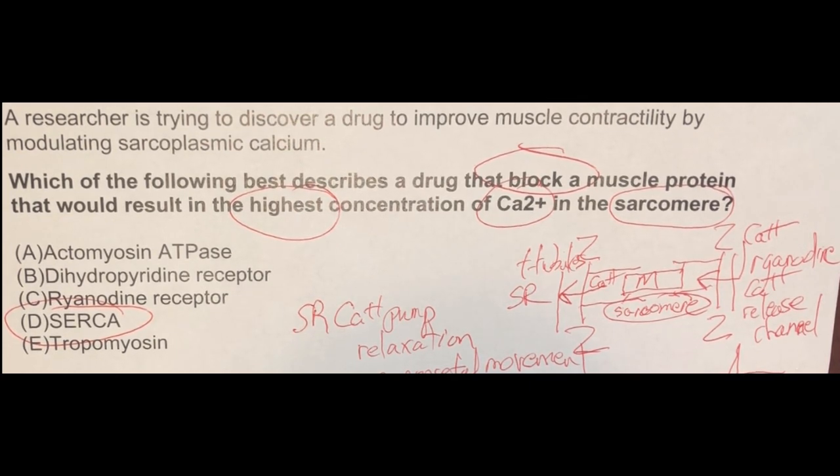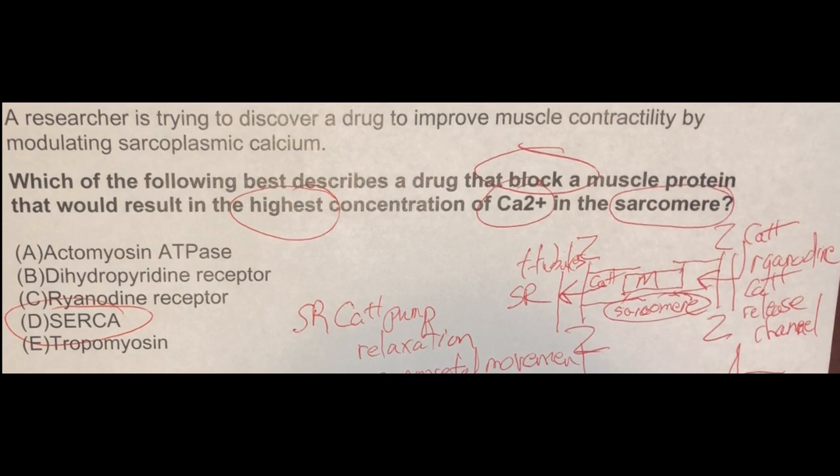So there is a connection here, but if we block that protein, we are not going to have calcium accumulate because it doesn't control the release or the uptake of calcium. It just responds to the calcium.